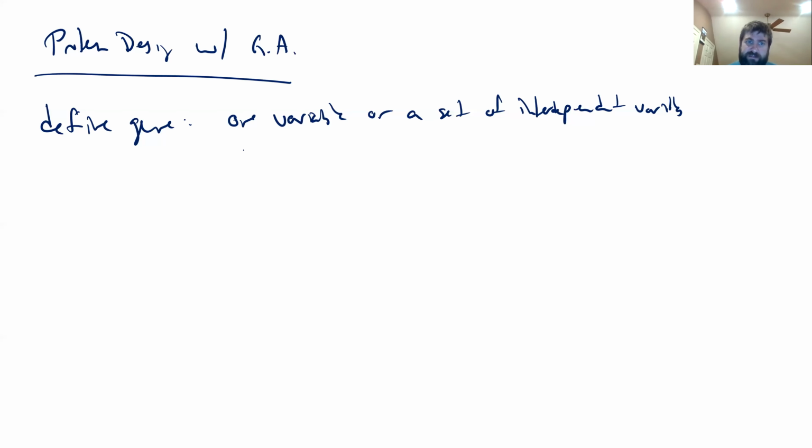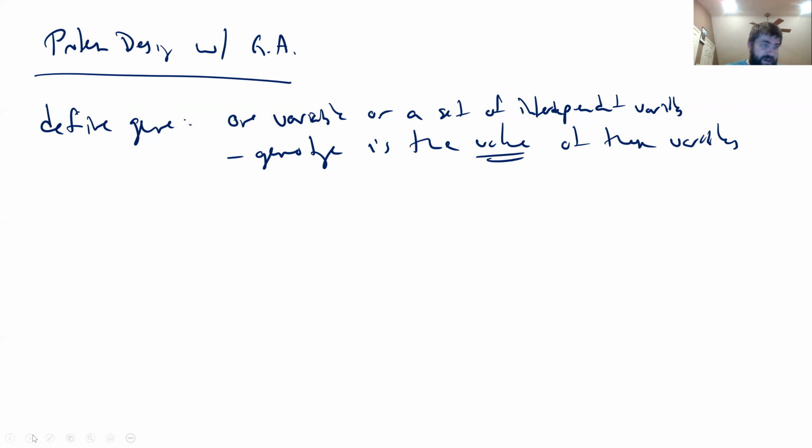Right? And the genotype is the value of these variables.